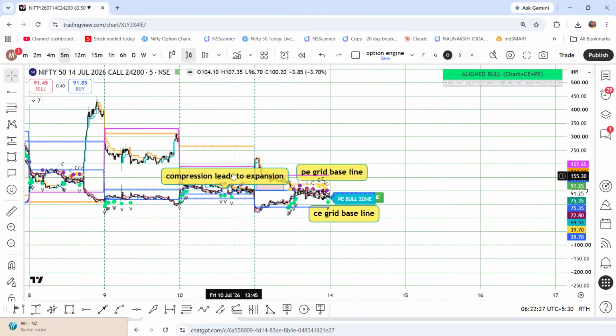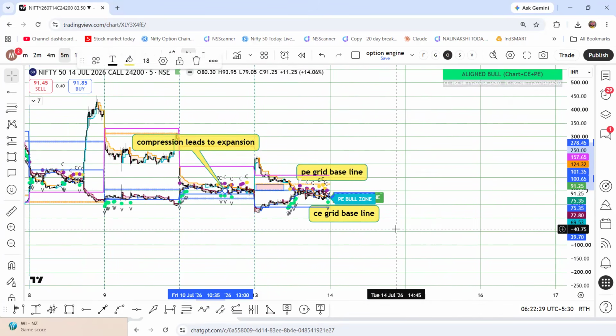Same thing repeats on and on. So if you start giving importance to the option premium behavior, that's what I told you in my last videos. If you start giving importance to the option behavior, that is like traders' behavior, that is the price action, then you can make out when to be on the buying side, when to be on the selling side.